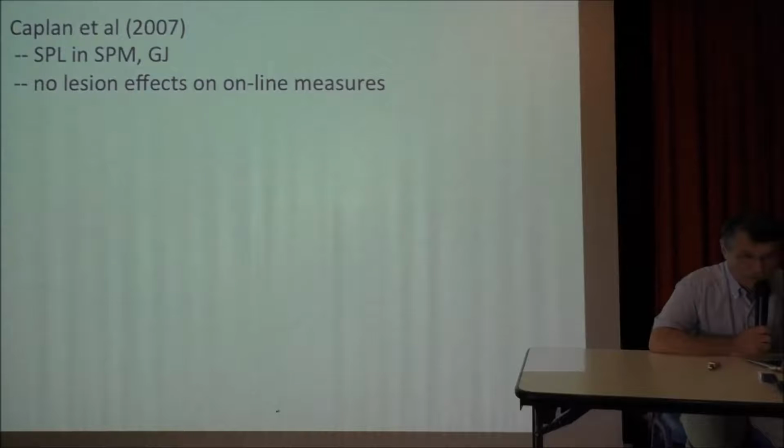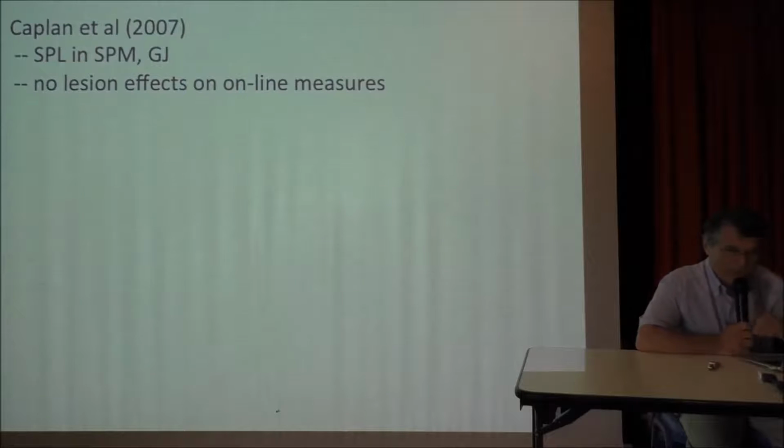The online measures are corrected self-paced listening times, there are a number of them, but the ones we used in this study were corrected self-paced listening times at the verb, at critical points in the experimental sentences. So for instance, the verb of the relative clause of an object extracted sentence, and the corresponding points in the baseline sentence.